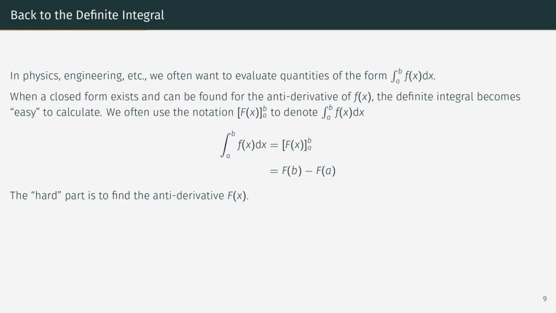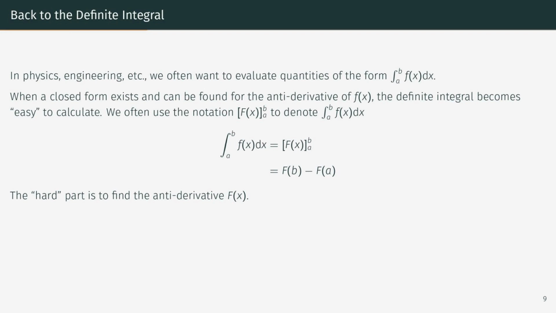The fundamental theorem of calculus can be applied to this. First, we know that we can denote the integral of f of x dx from a to b equal to the notation using the square brackets. To this, we then apply the fundamental theorem of calculus to see that this equals F of b minus F of a.